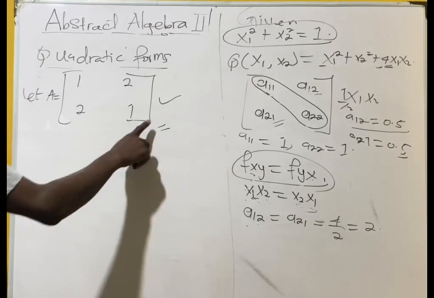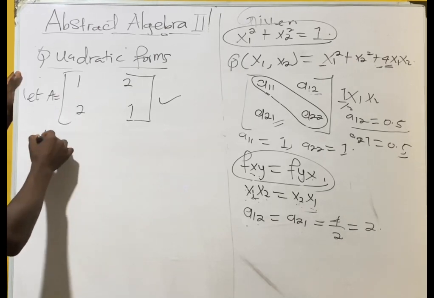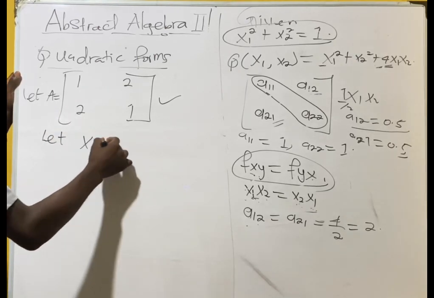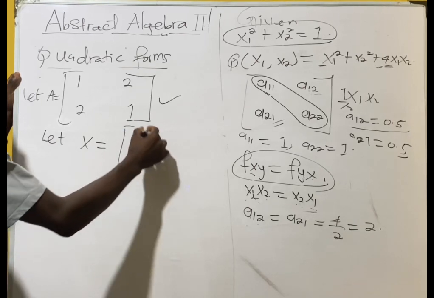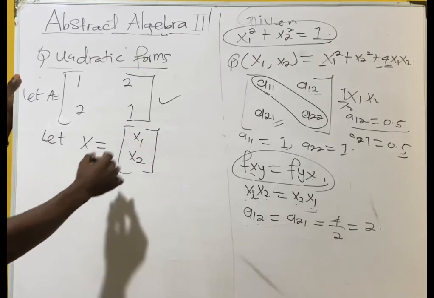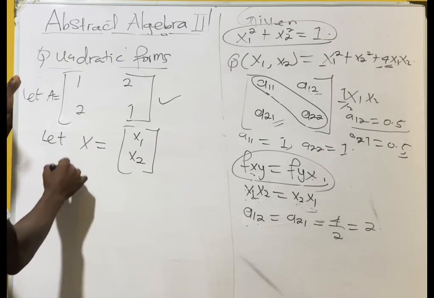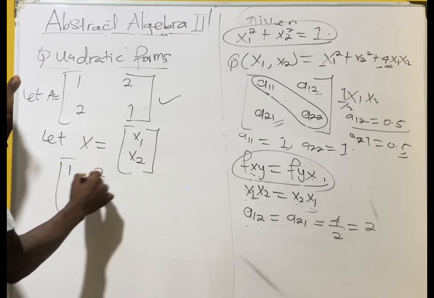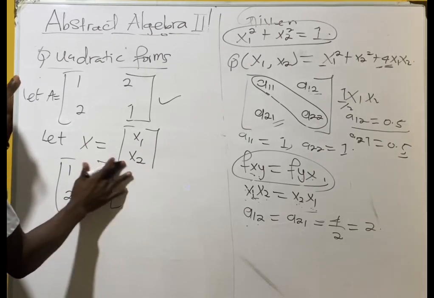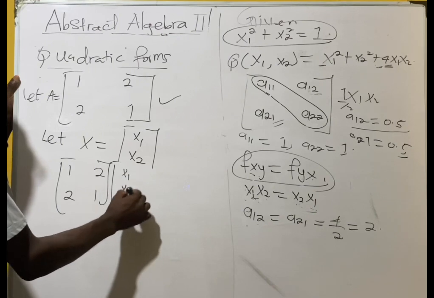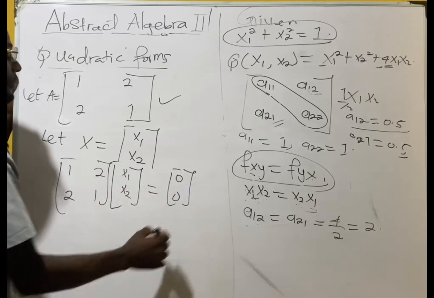So we have our matrix, right? So we can say let x equals x1, x2, and then we have 1, 2, 2, 1 multiplied by x1, x2, which should be equal to 0, 0.